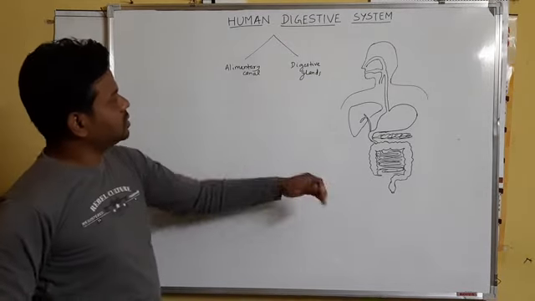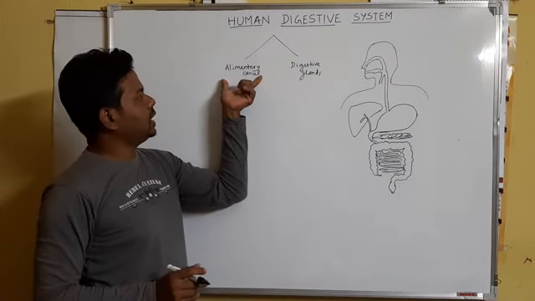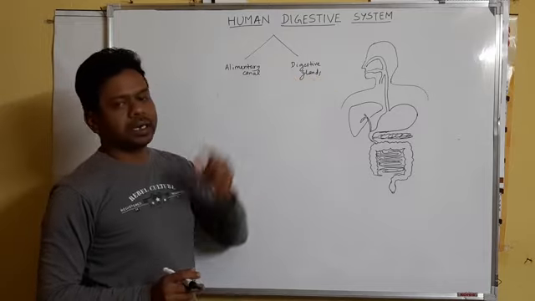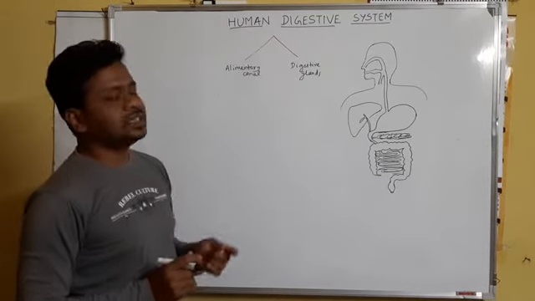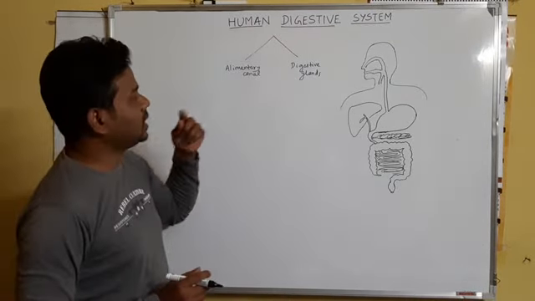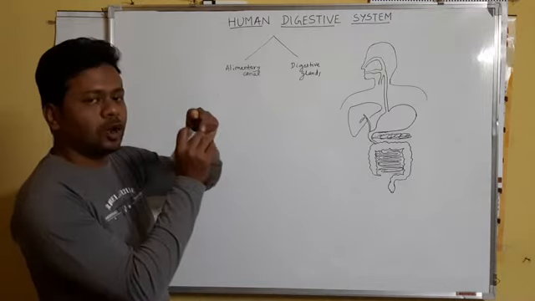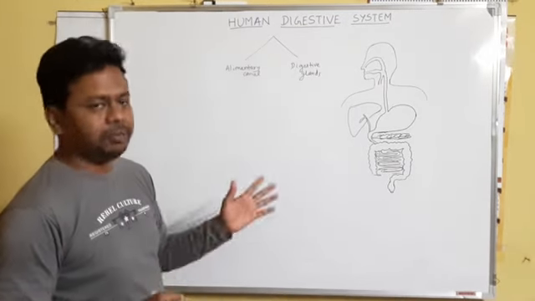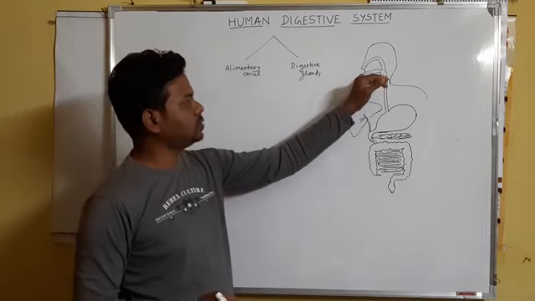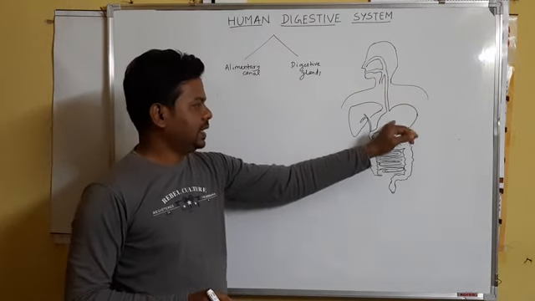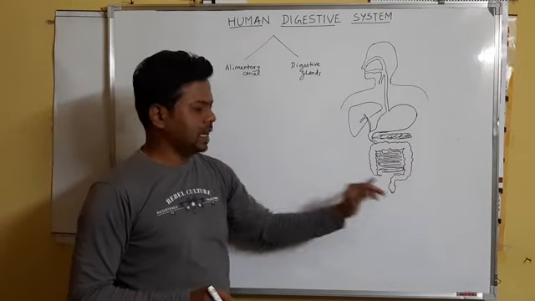So our digestive system consists of one alimentary canal, another digestive glands. And what is alimentary canal? The alimentary canal is a long tube-like structure, pipe-like structure, which starts from the mouth and ends with the anus.